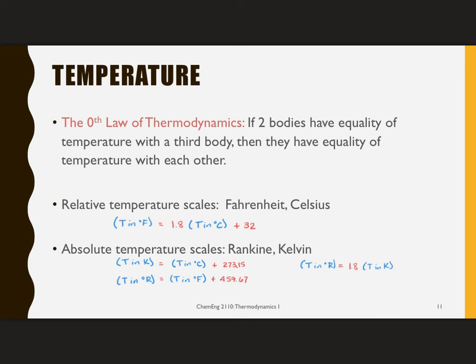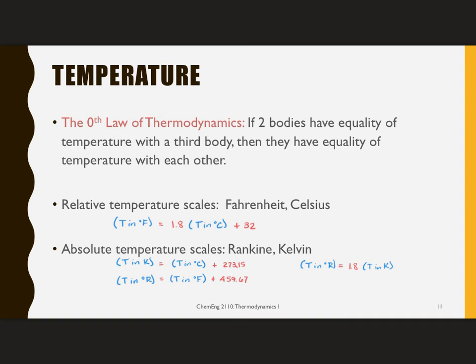One final thing is about delta T. Delta T is a change in temperature. If I subtract two temperatures, say 100 degrees C and 0 degrees C, the difference between those would be 100 degrees C, right? 100 minus 0. If I add 273 to each of those, I get 373 and 273, and I subtract and I get 100.